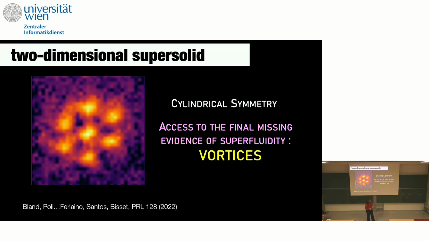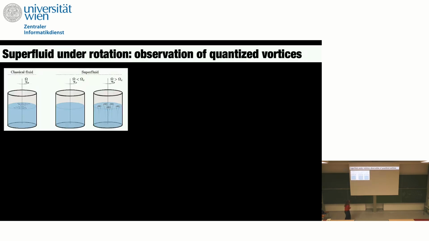And why did we want to rotate it? Because we want to prove that the supersolid state can host quantized vortices. This would be really the ultimate proof of the dual superfluid and solid type of properties.